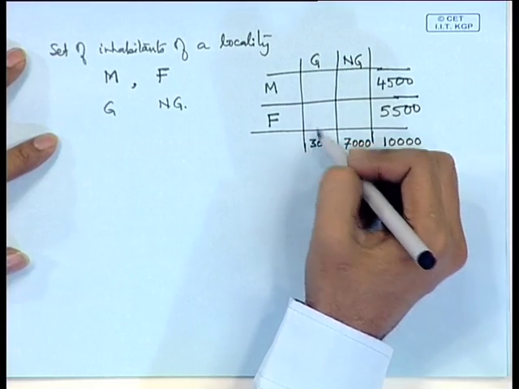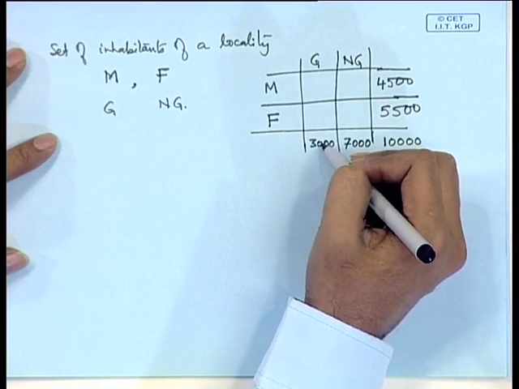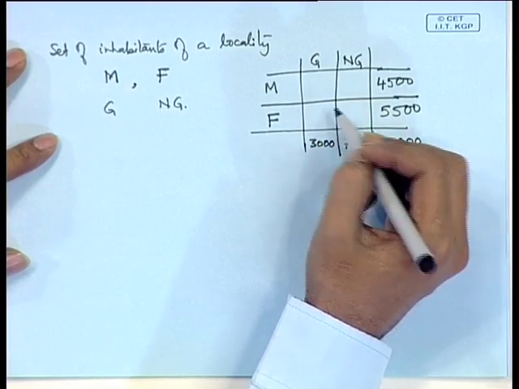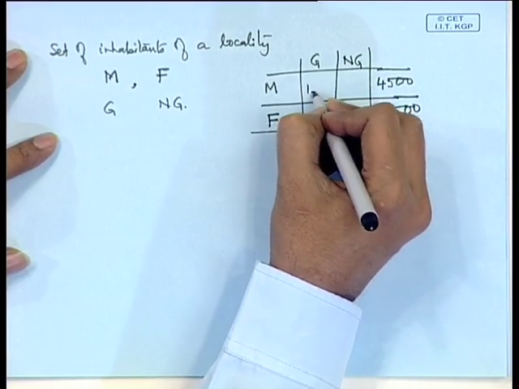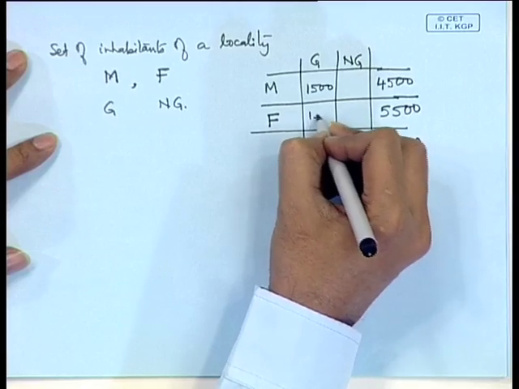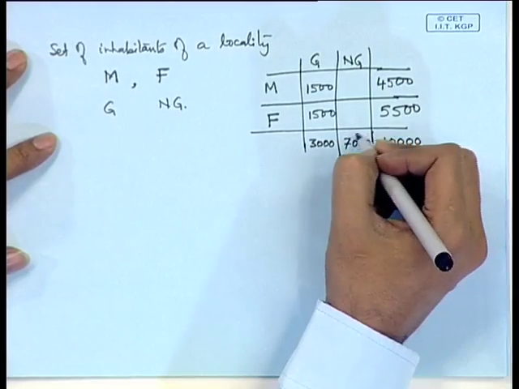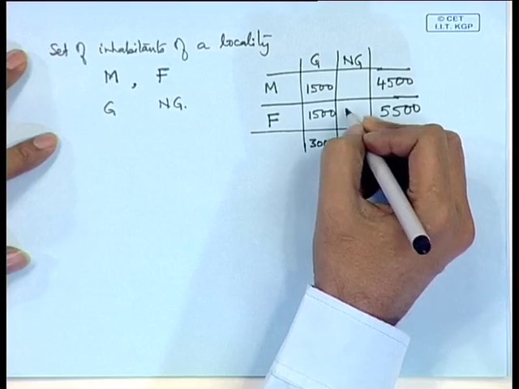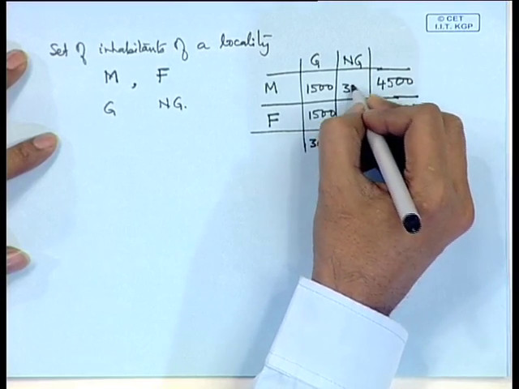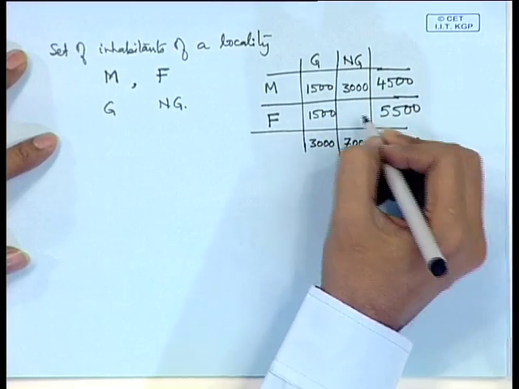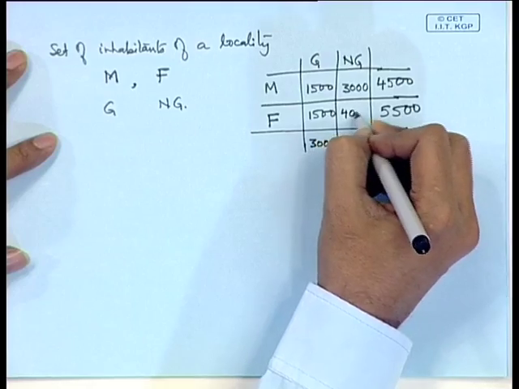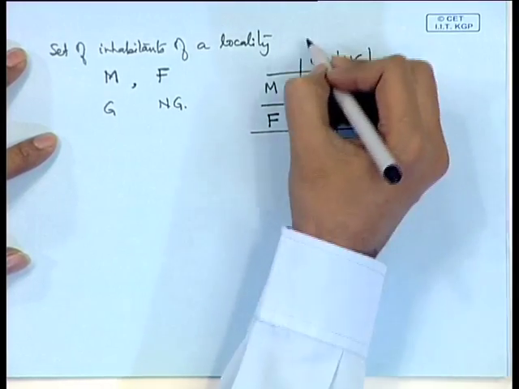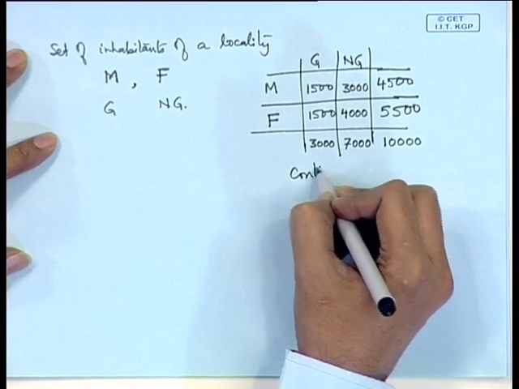Now, out of the 3,000 graduates, how many of them are males and how many of them are females? Suppose it is 1,500 males, 1,500 females. Out of 7,000 non-graduates, how many of the males? So, 3,000 are males and 4,000 are females. So, this is known as contingency table.